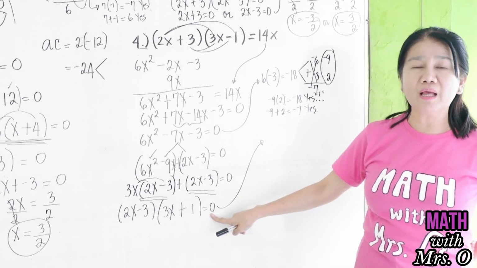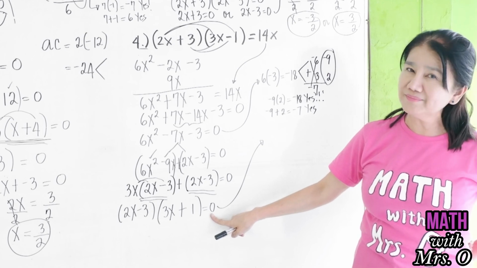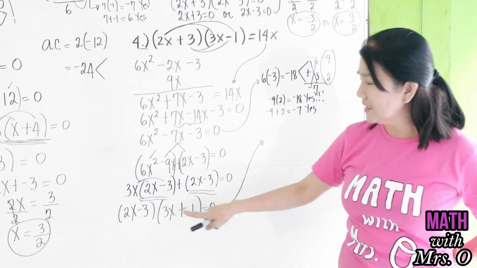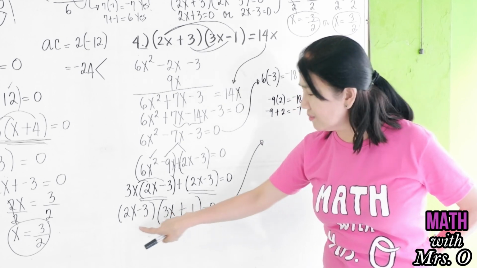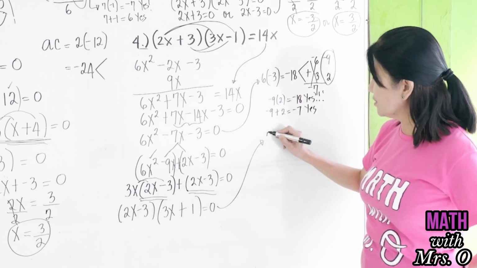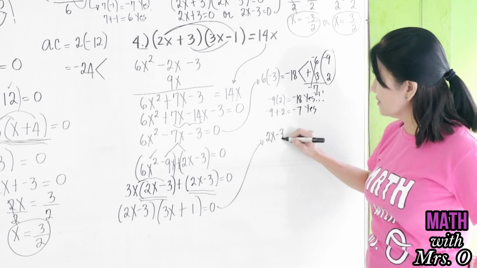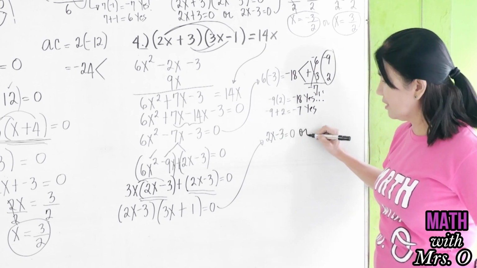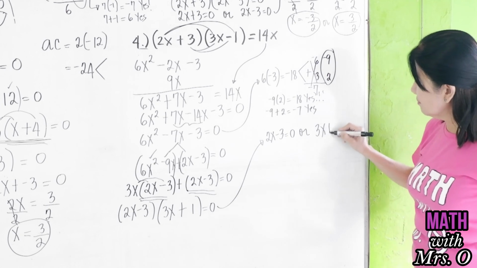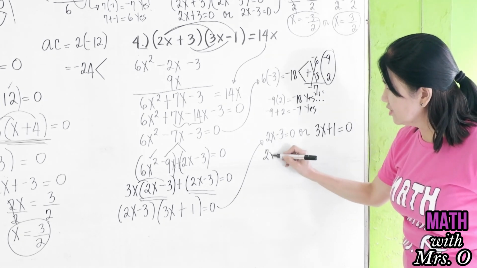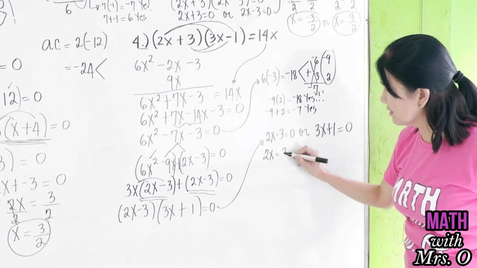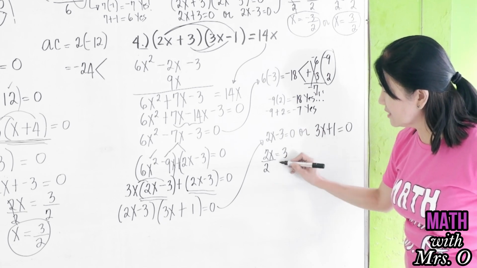So can we now apply the zero product theorem? Yes. If A times B equals 0, then A equals 0 or B equals 0. So 2x minus 3 equals 0, or 3x plus 1 equals 0. Now this is easy. 2x equals 3, divide both sides by 2.